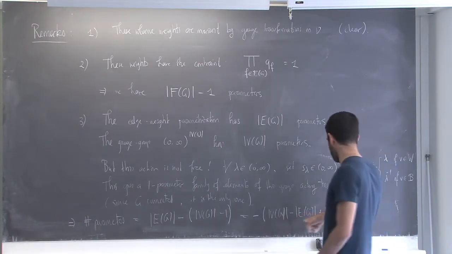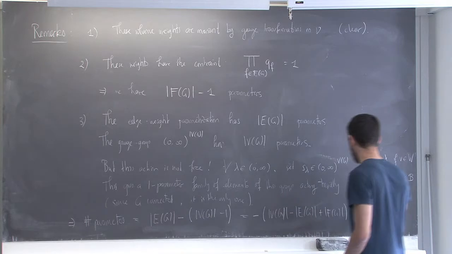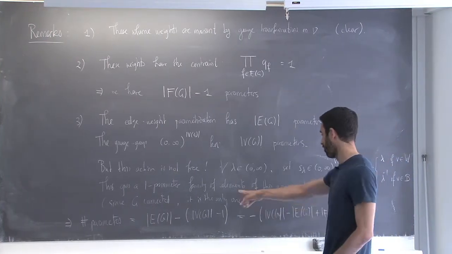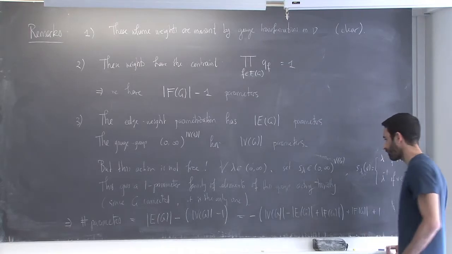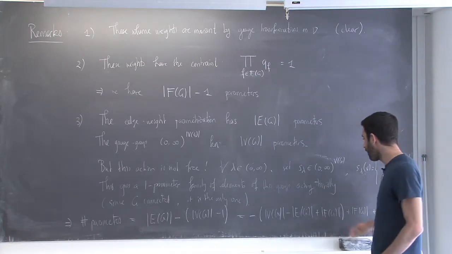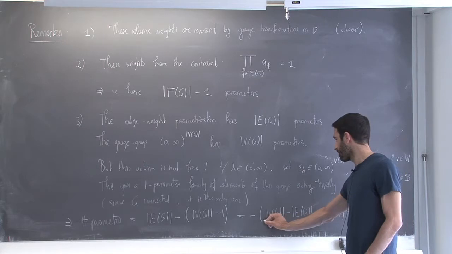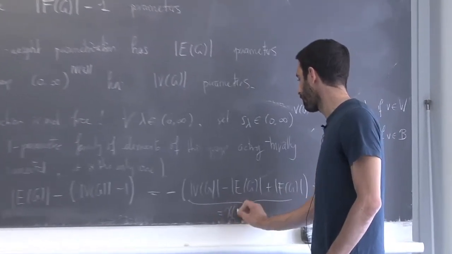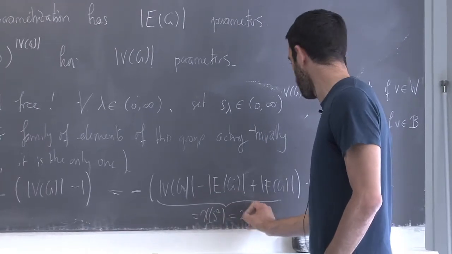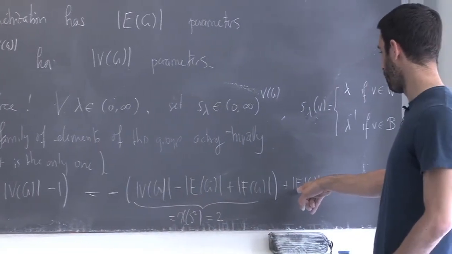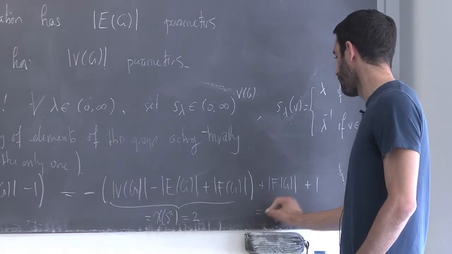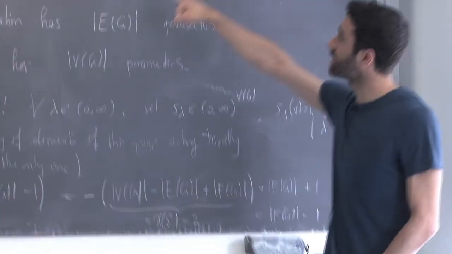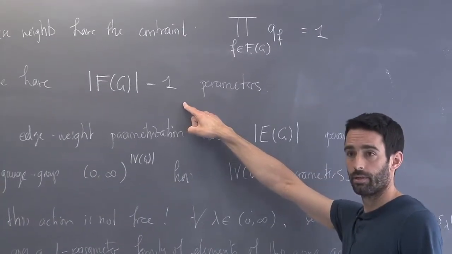And what do I have to add now? So I have to add plus number of faces, and then I have a plus 1. Okay, but we are in the plane, so, well, actually on the sphere, this is equal to the Euler characteristic of the sphere, that is 2. And so we have number of faces plus 1 minus 2. That's number of faces minus 1. And we see that we have exactly the right number of parameters here.